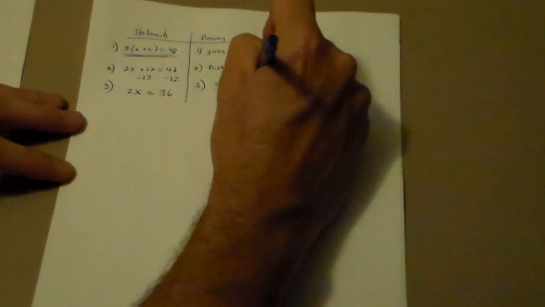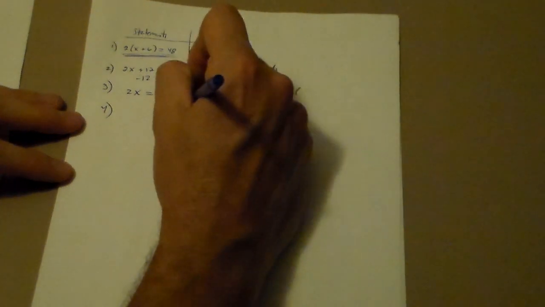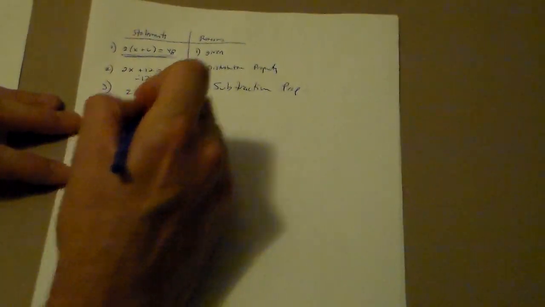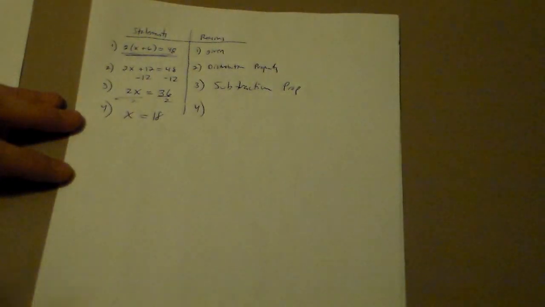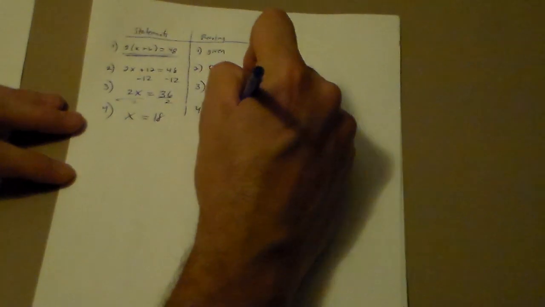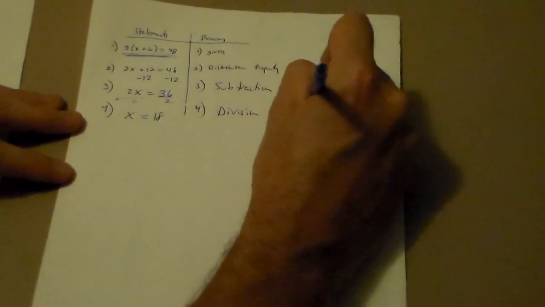That's subtraction, the subtraction property. And then my last step is to divide by 2 and divide by 2. So x equals 18. What did I do to both sides to solve? I divided. That's my division property.